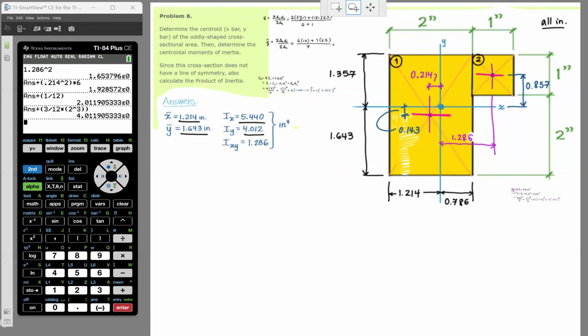Okay, next thing we're asked to do is the product of inertia, which is called IXY. And our formula for this one is the summation of areas, the X coordinate, the Y coordinate, and we have to watch signs.